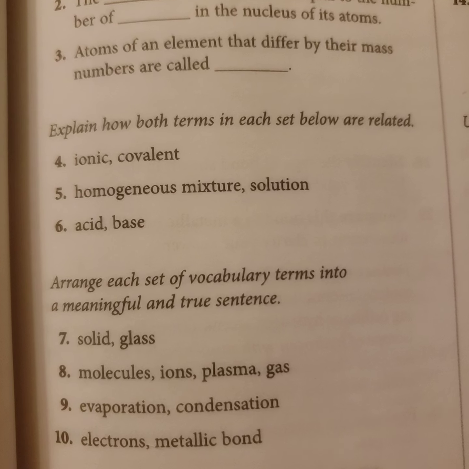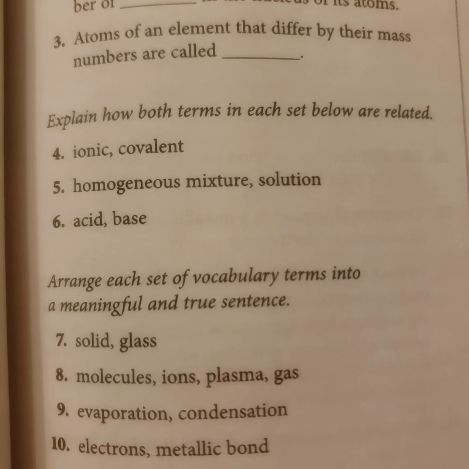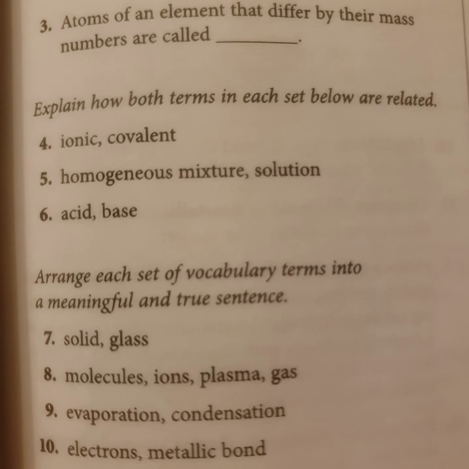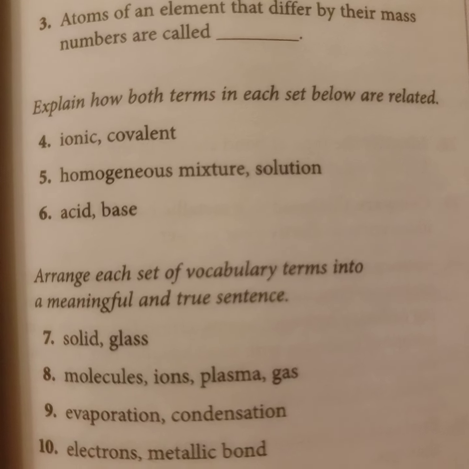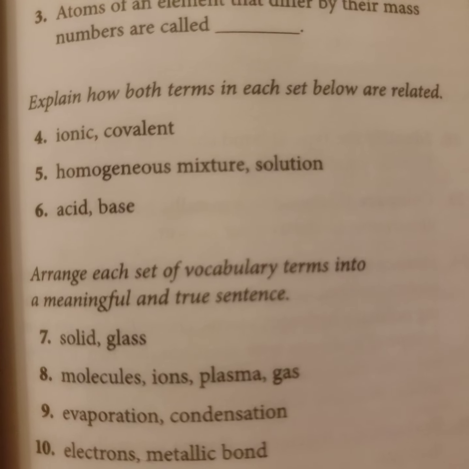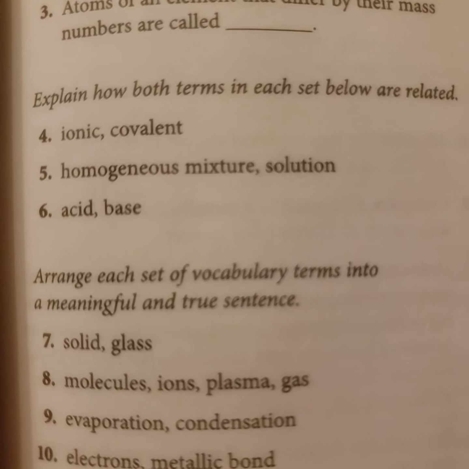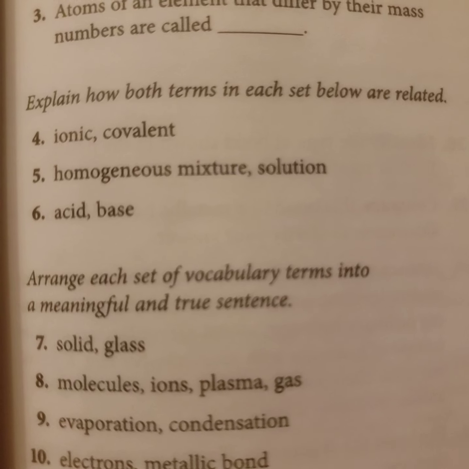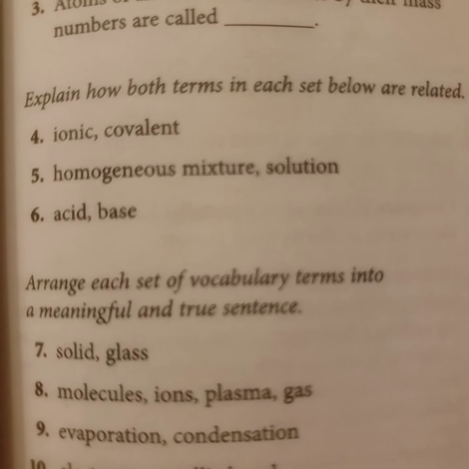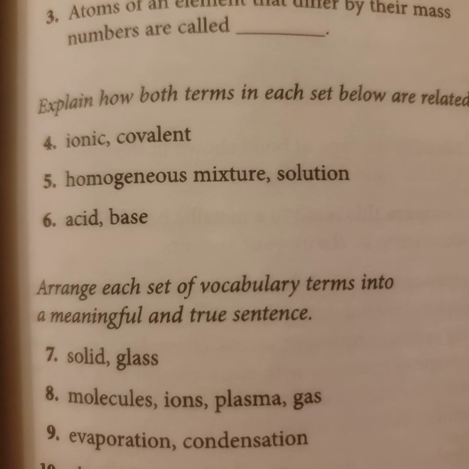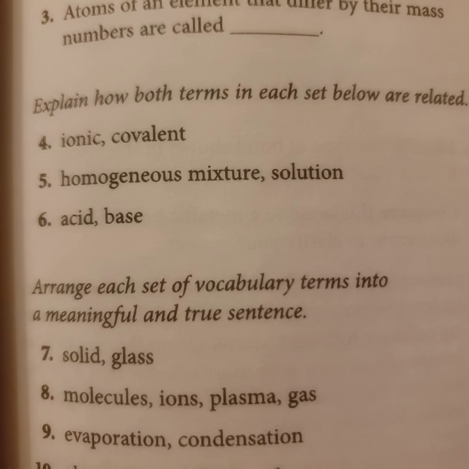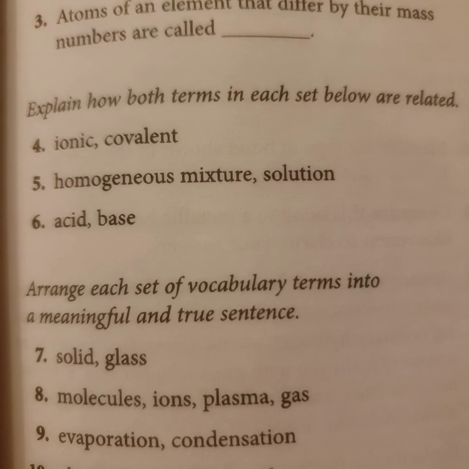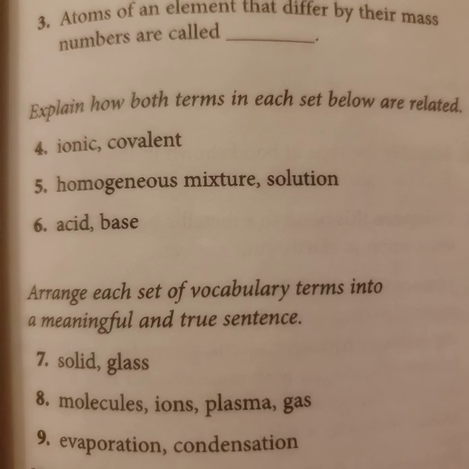Acid and base. So in your reading, you should have looked at acids and bases. Remember, acids are very low on the pH scale. 7 is neutral, so underneath 7 are all acids, and any base on the pH scale is above 7. But that doesn't really tell us what acids and bases are. If we were in lab, you would be able to decide if it releases hydrogen in water.